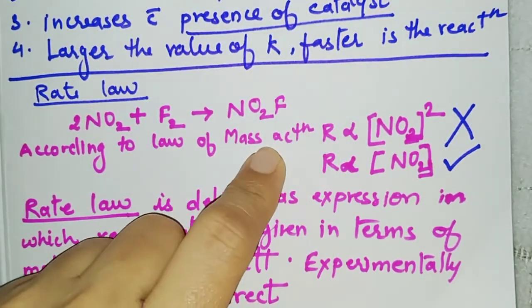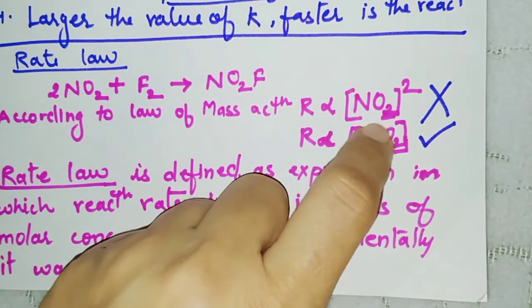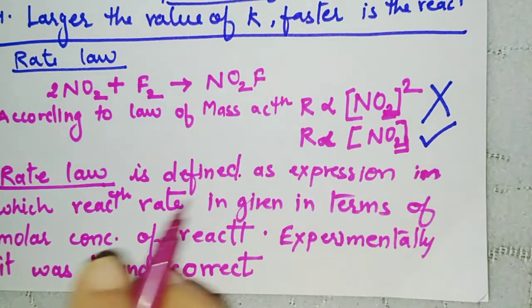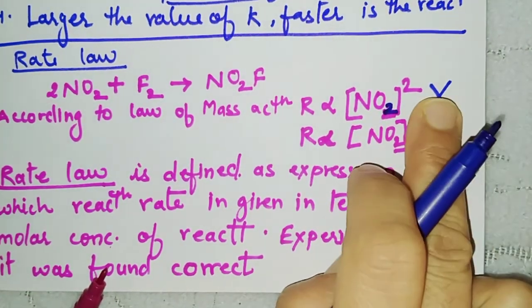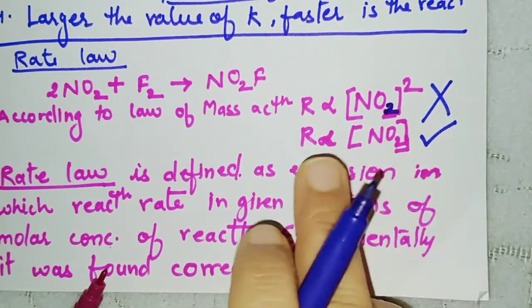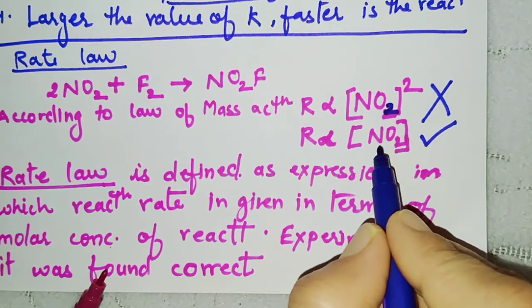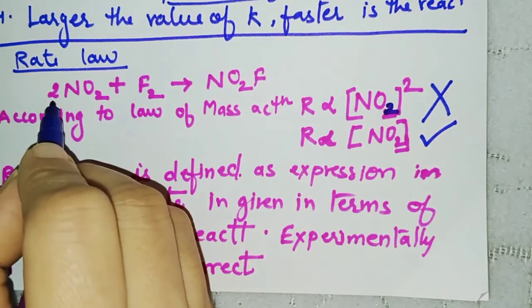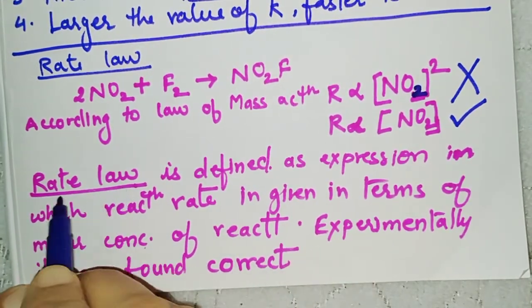According to the law of mass action, the rate of reaction should be directly proportional to NO2 raised to power 2, but experimentally it was found wrong. Experimentally the rate of reaction of this reaction was directly proportional to NO2 only, with no stoichiometric coefficient. So then a new term was introduced, that was rate law.